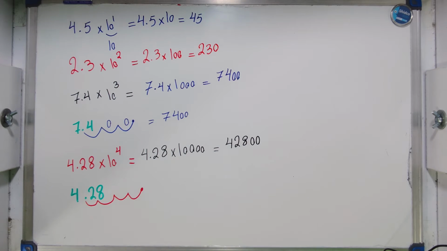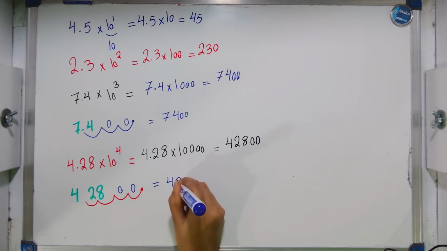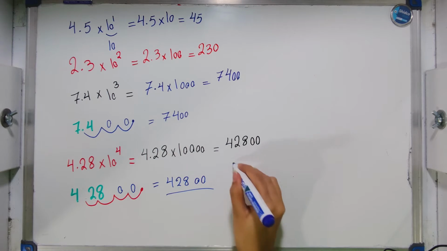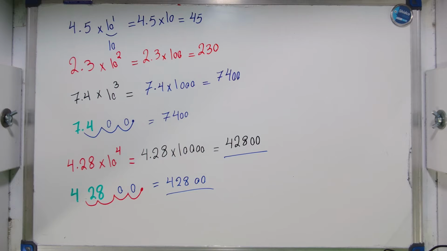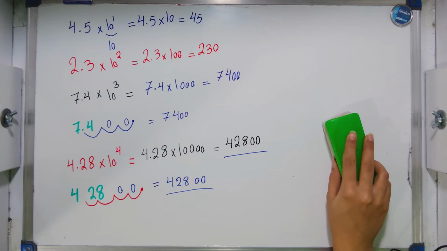Now the point is here, and I have to put zeros here. So this number will be 42,800. You can see both numbers are the same. You can do these exercises for yourself at home and comment your answers for me.